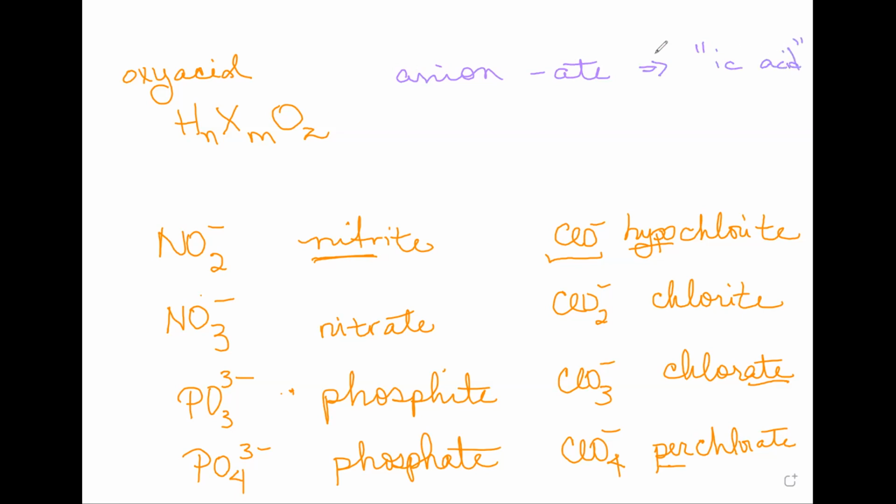Someone told me once they learned it by saying, I ate something icky. If your anion ends in ite, then the name of your acid goes to ous acid.